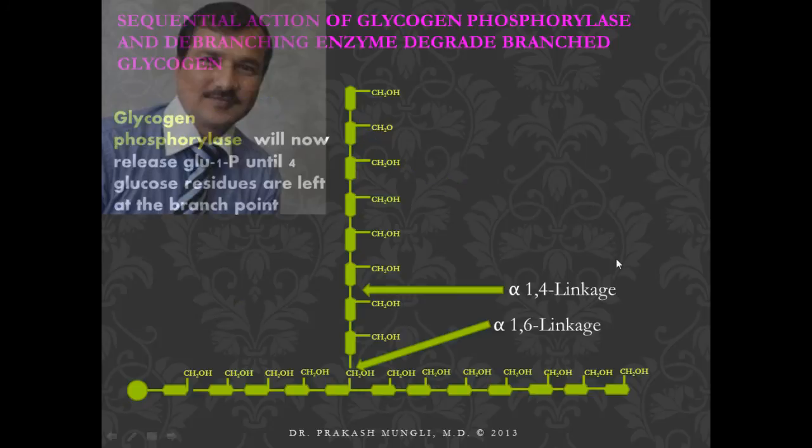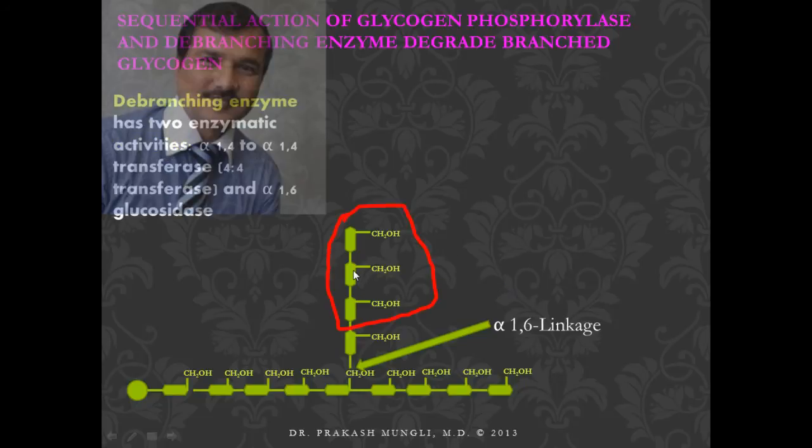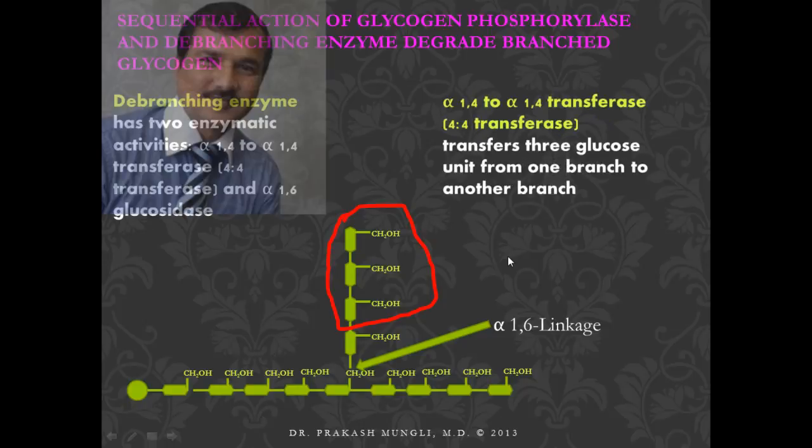Now the glycogen phosphorylase will come in and remove the branches until 4 glucose residues are left at the branch point. Now the 4 glucose residues are present at the branch point. So now these 3 glucose residues are taken out by the debranching enzyme, that is 4,4-transferase, and reattached here. Basically it is reattached here.